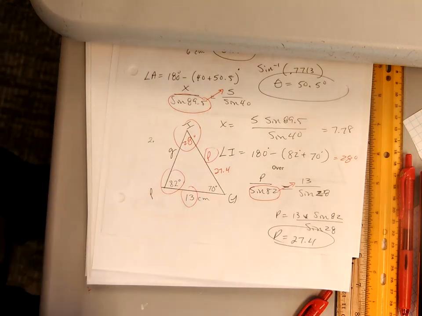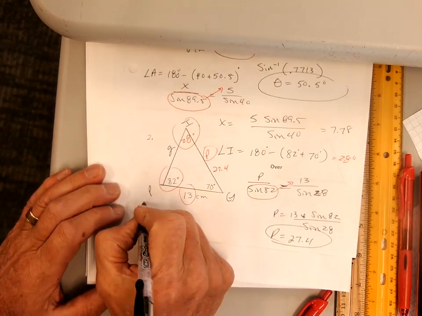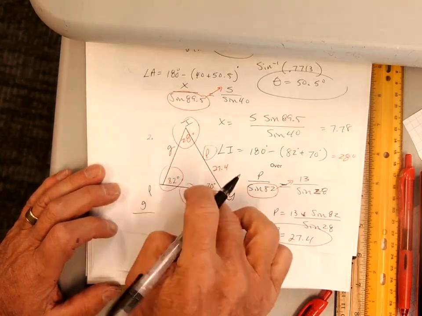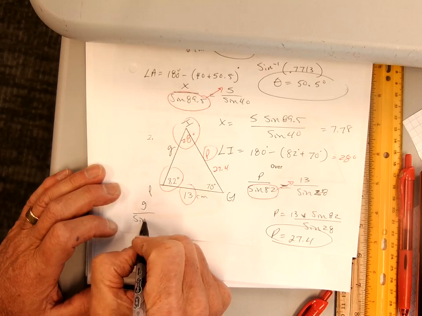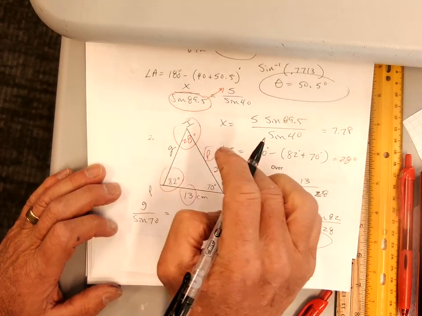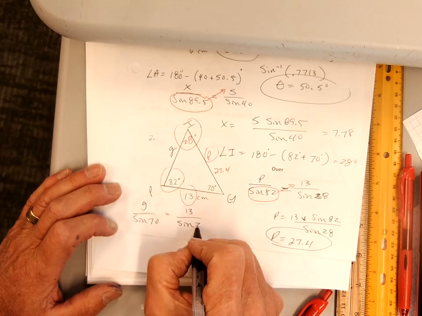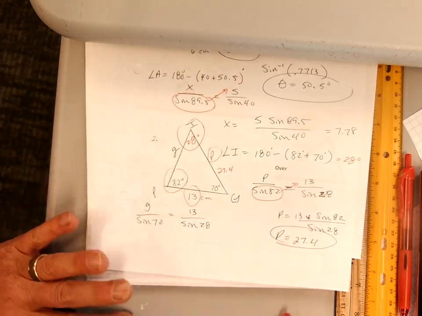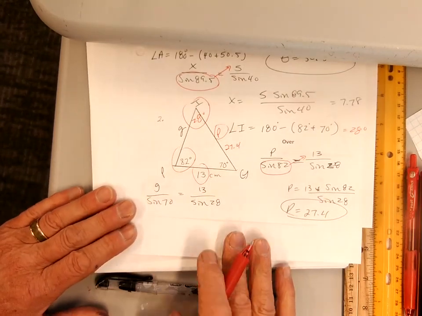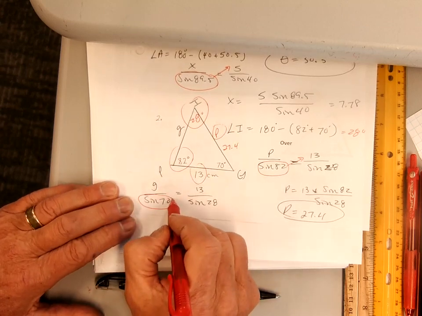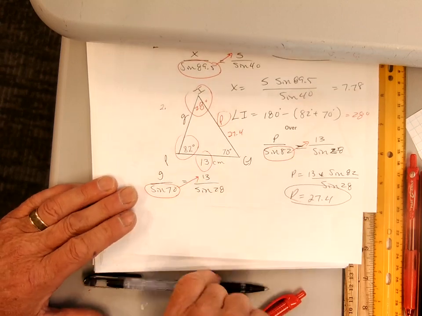So I'm going to say, okay, opposites. G over sine of its angle equals 13 over the sine of 28. How are we going to multiply? We're going to do that over that, multiply that up there.